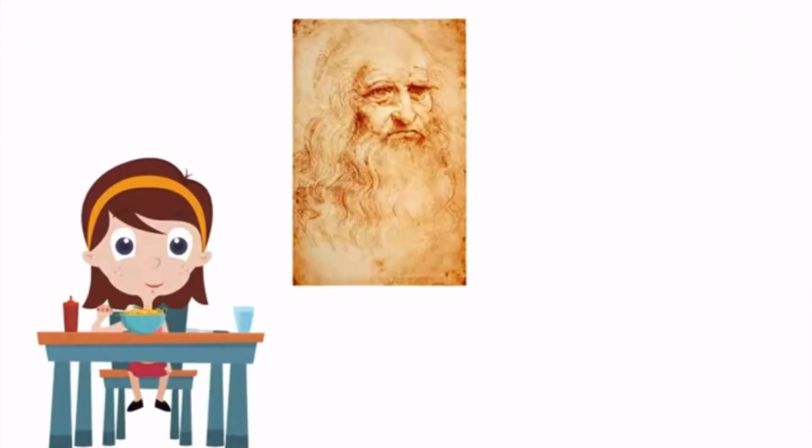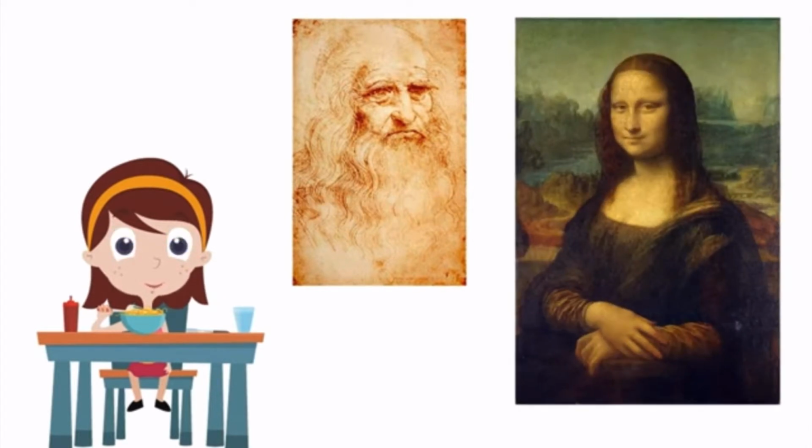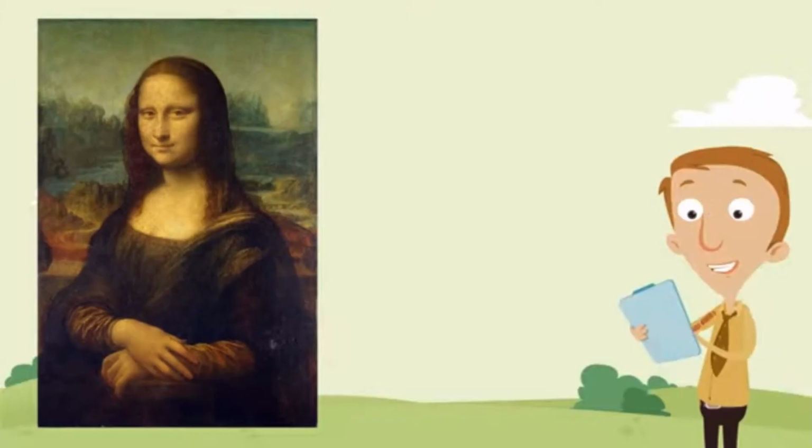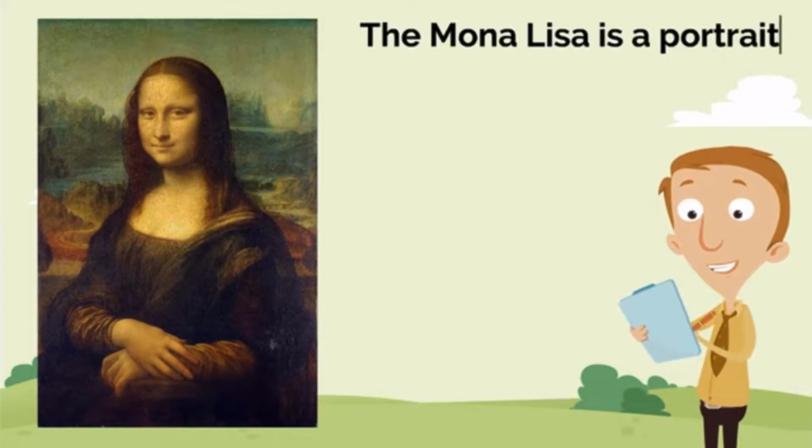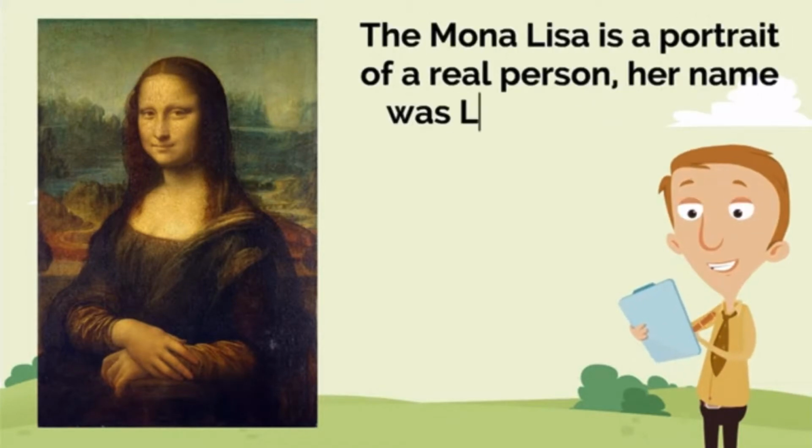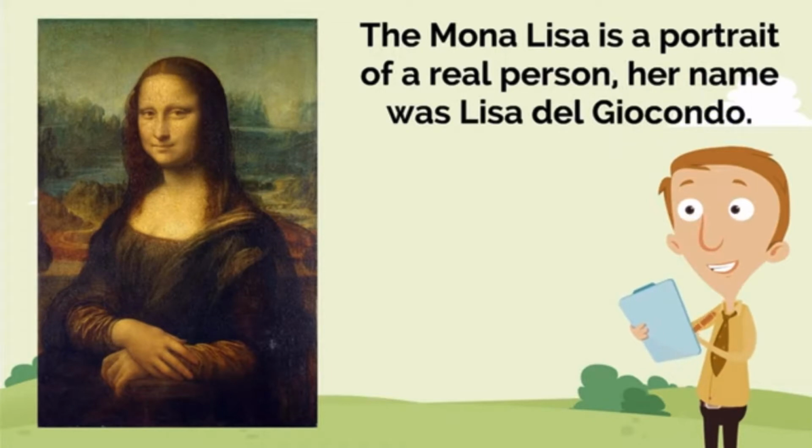Alright, so this guy, Leonardo da Vinci, painted this amazing work of art, the Mona Lisa, and it happened during a special time known as the Renaissance. Now, you may have guessed this, but the Mona Lisa is a portrait of a real person. Her name was Lisa del Giocondo. Her husband commissioned the painting.